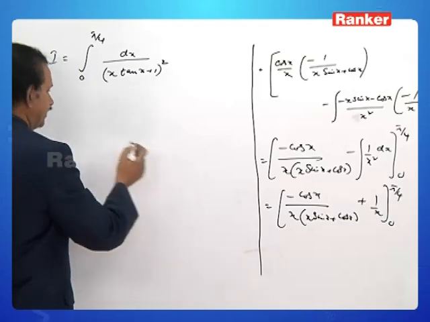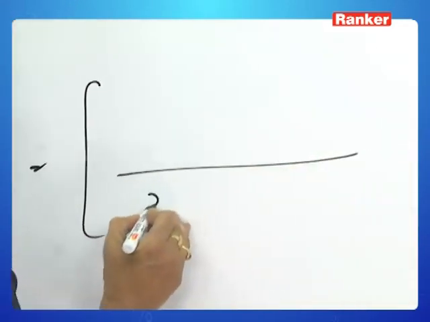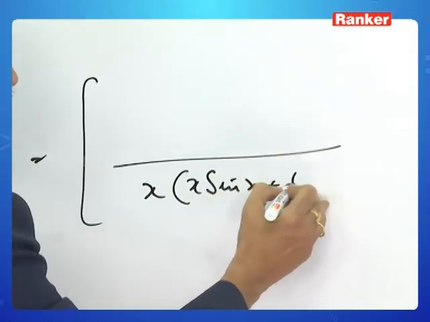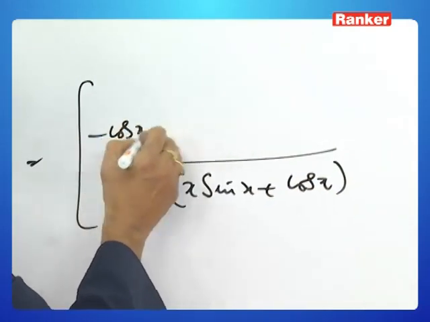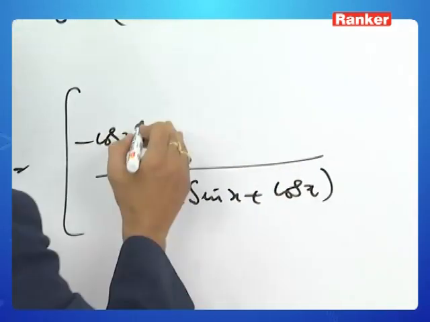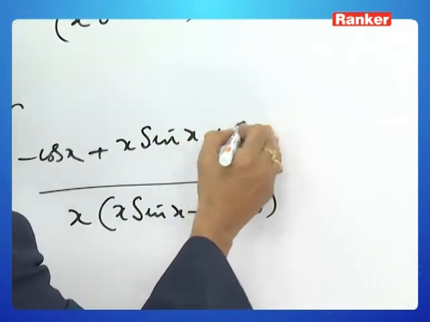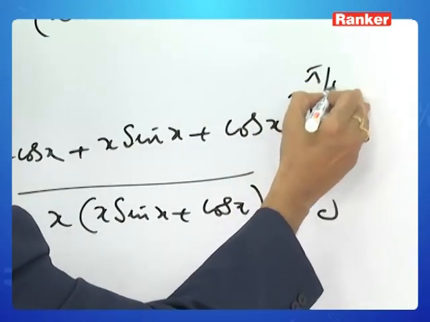Now, inside the bracket, let me take x into x sin x plus cos x as LCM. In the beginning minus cos x, and next plus x sin x plus cos x, 0 to pi by 4.